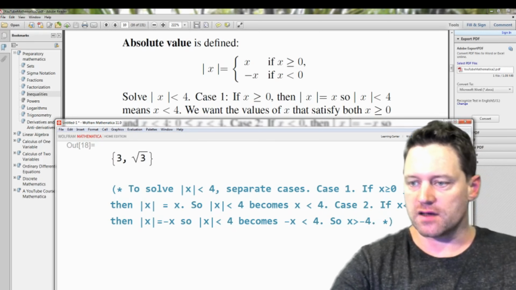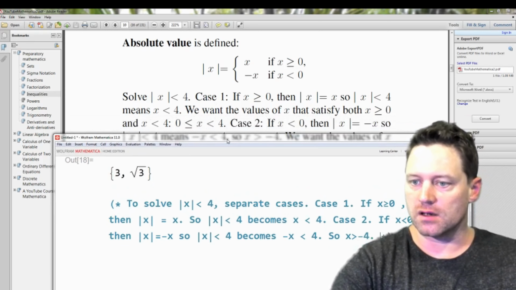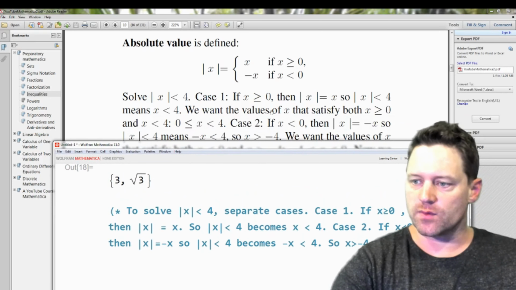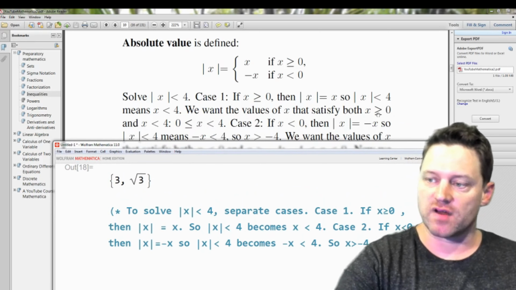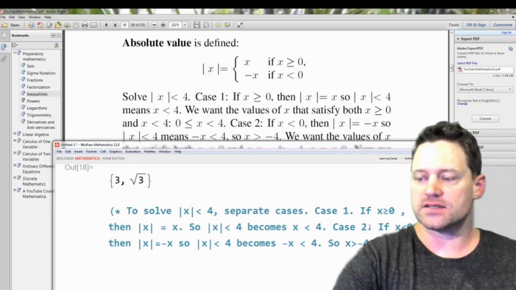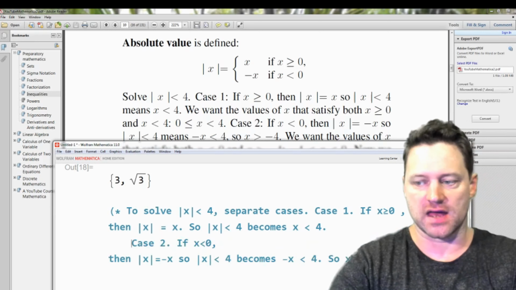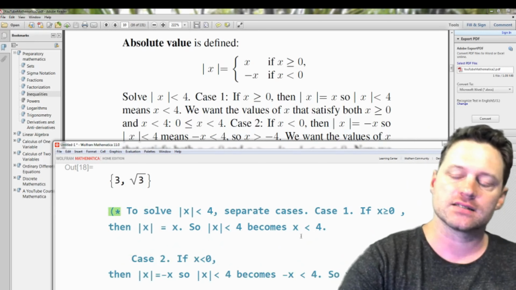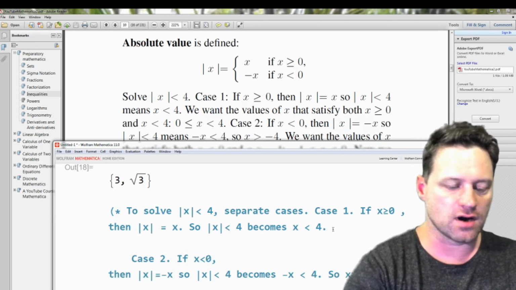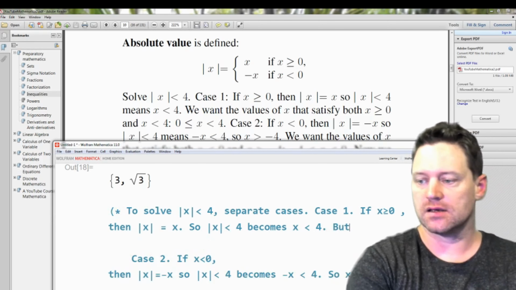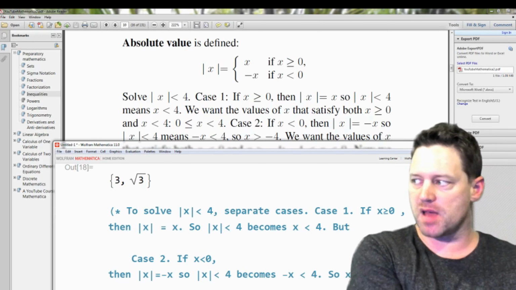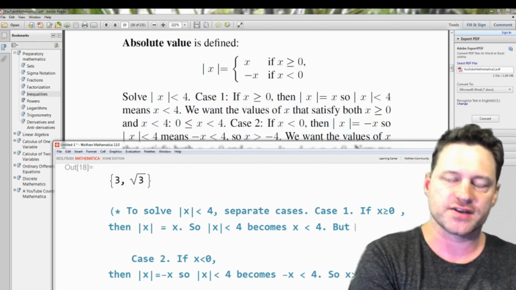I have not really read what I've got here earlier, so let's have a look. This says we want the values of x that satisfy both x greater or equal to 0 and x less than 4. We should have said that before we moved on to the second case. So let's write but. Now, I think you're not supposed to start a sentence with but, but sometimes in mathematics it's just natural.